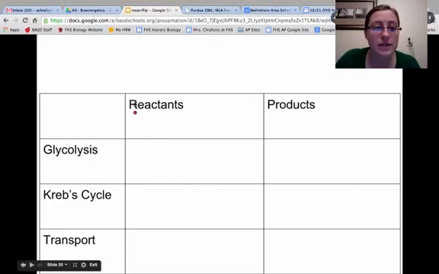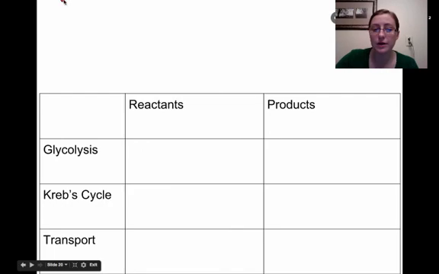Okay, so let's take a look at what we have going on here. In glycolysis, oops, sorry, let me get this down here. Okay, in glycolysis, what do we have going in? We have a glucose molecule that is going in, and we also need to invest some ATP. Okay, and we'll just keep track of the ATP counts on the product side here.